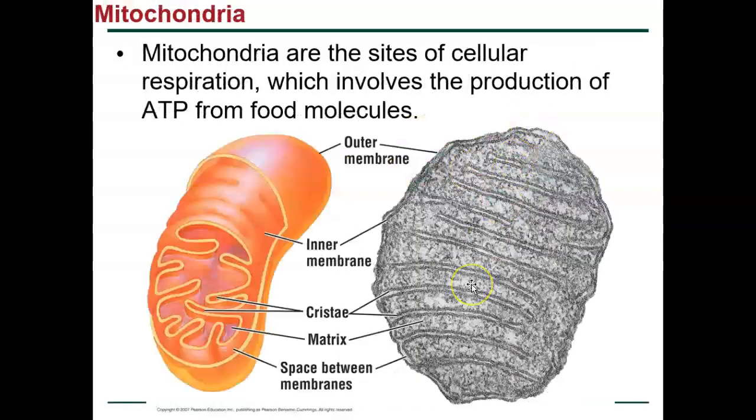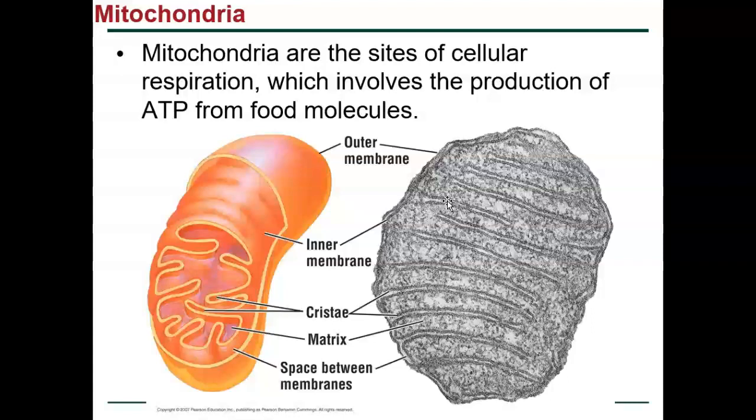This is the mitochondria. To me, it looks like a mandarin orange. This is where cellular respiration happens. All you have to know for this exam is this is where it makes energy. Okay, so mitochondria makes energy. Chloroplasts do photosynthesis.